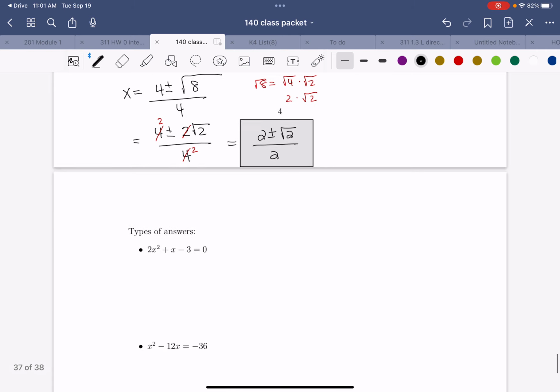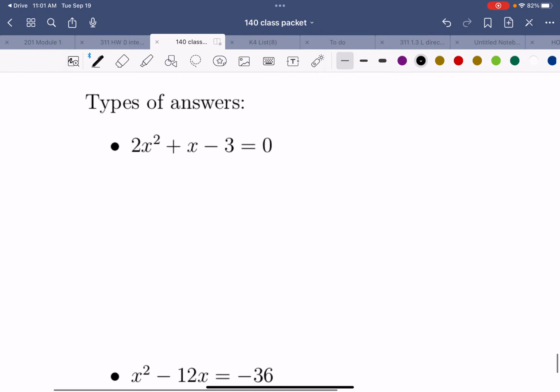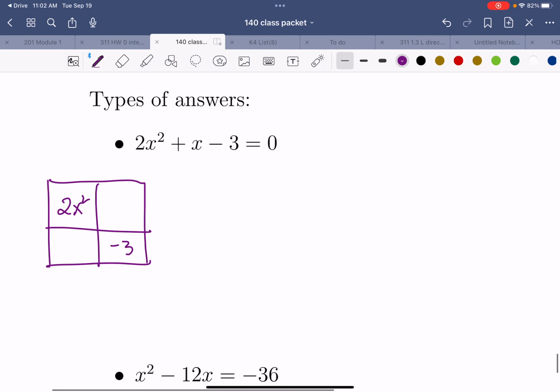All right, now the last thing we want to talk about is what types of answers you could get. So if we take a look at this one, I'm going to try to factor because I think this is doable. I'm going to use my box because there's an a of 2 here. So 2x squared and negative 3 means a negative 6 is in my box, and I need to make positive 1.